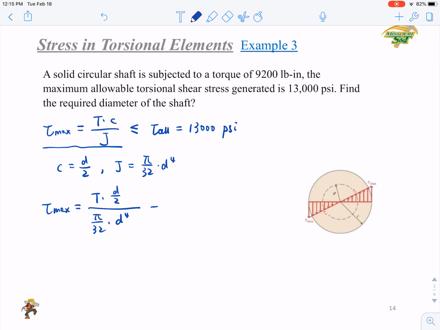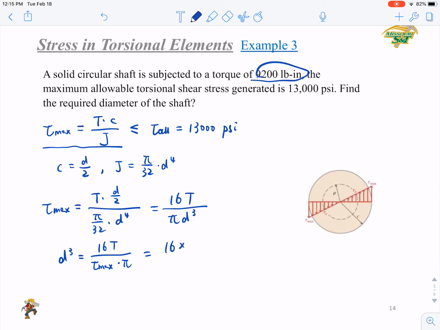This can be simplified as 16T over pi D cubed. From this equation, you can rearrange it. Then you will get D cubed equals 16T over tau max times pi.